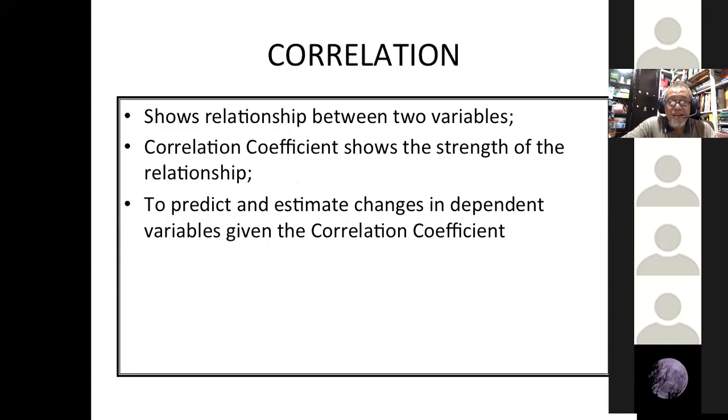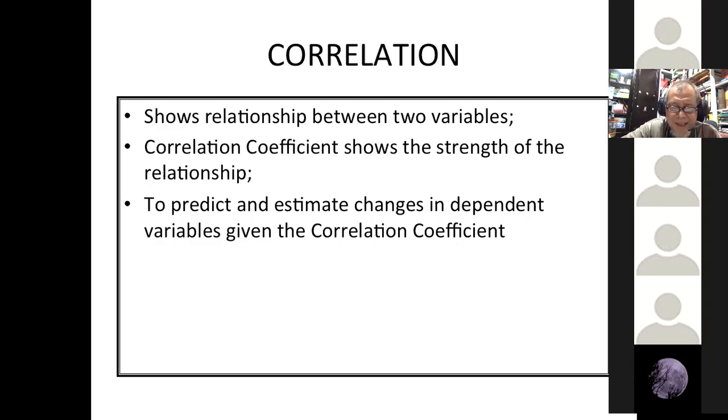So now we come to the definition or the meaning of correlation. Correlation shows relationship between two variables. You should select variables which rationally correlate with one another. According to our common sense, we believe that the two variables have some kind of correlation.